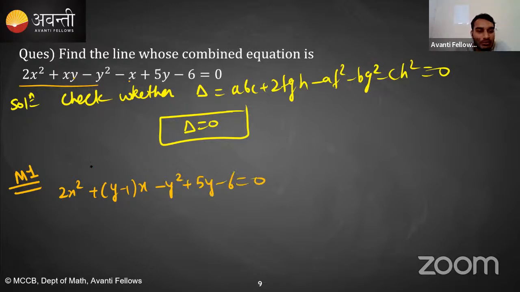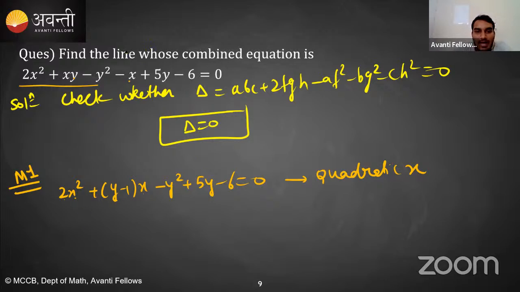So if you concentrate on x, it is quadratic in x. Yes or no? The coefficient of x square is 2, the coefficient of x is y minus 1, and the constant c is minus y square plus 5y minus 6. So this is quadratic in x, right?